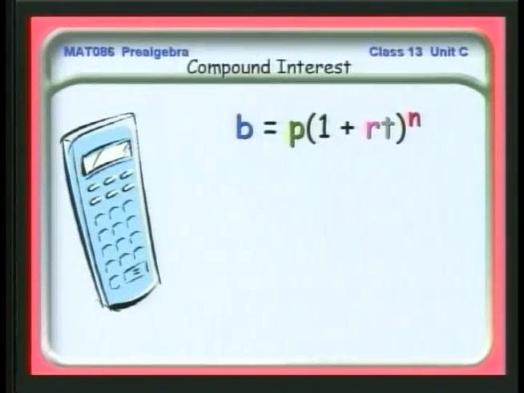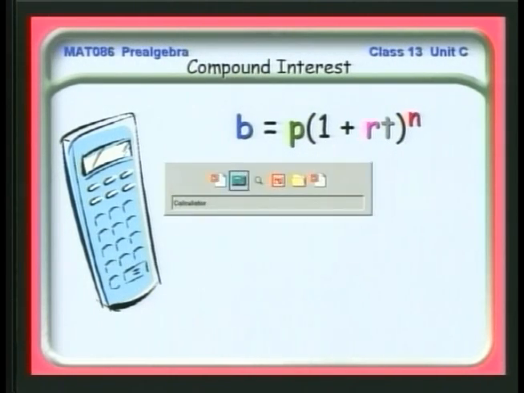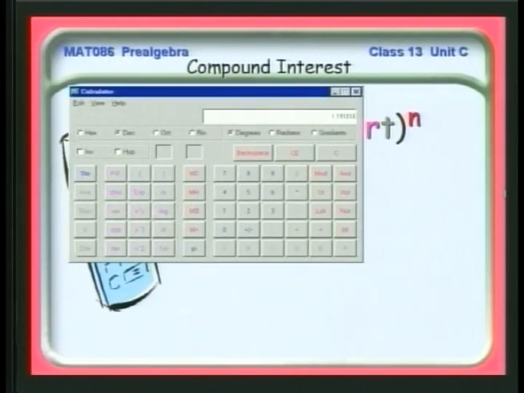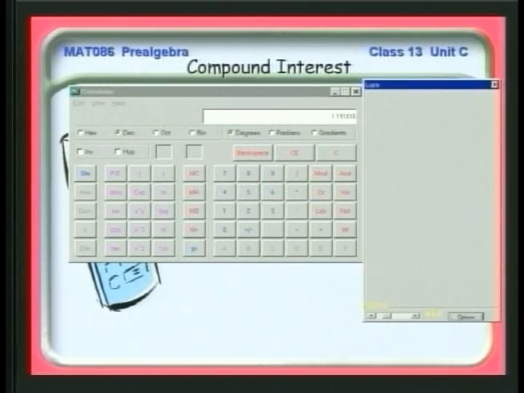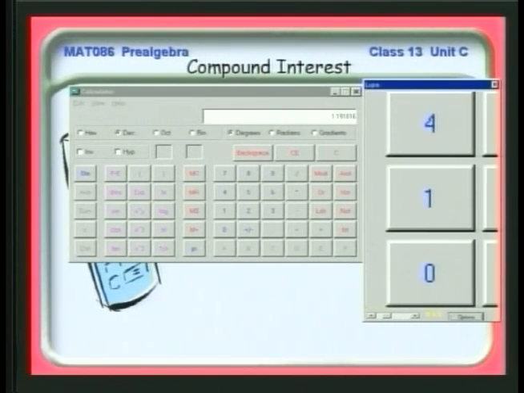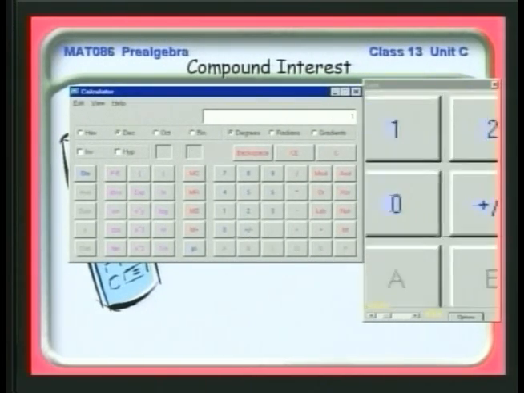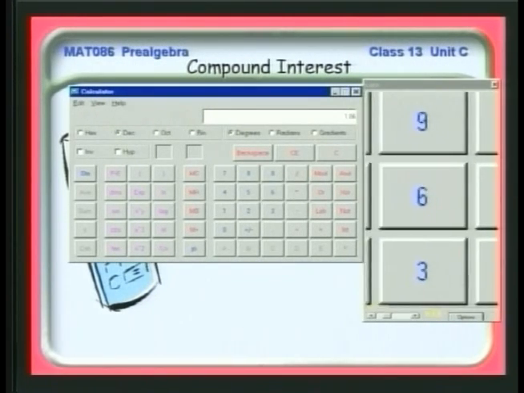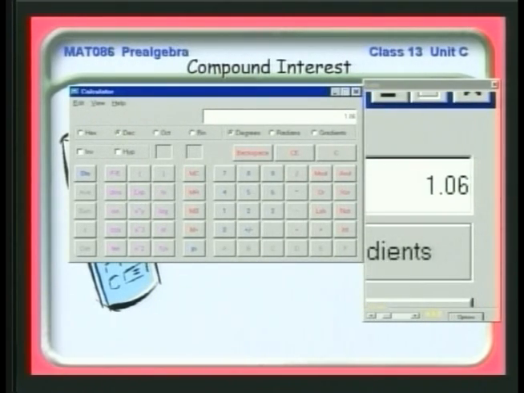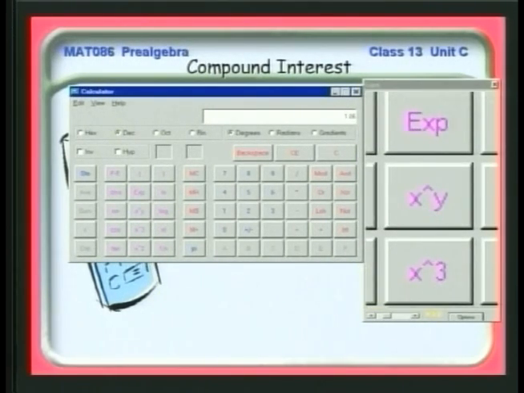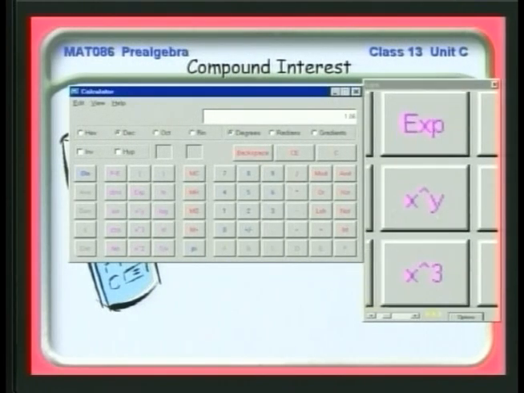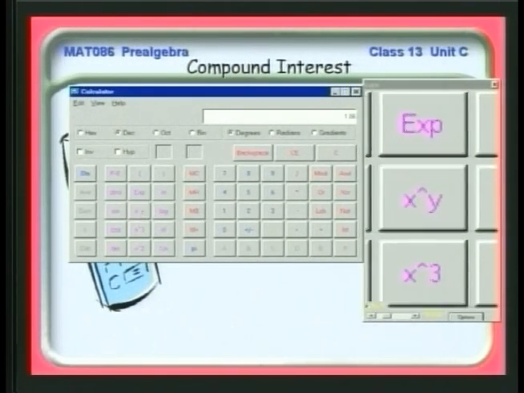I'm going to pop a couple of things up on the screen to play with. To show you how such a calculation might work, let me pop up a calculator, and something that will magnify so you can see what I'm doing. I'm going to start by entering 1.06 into the calculator. Then I'm going to go over to the X up arrow Y, the X to the Y power button, and press that.